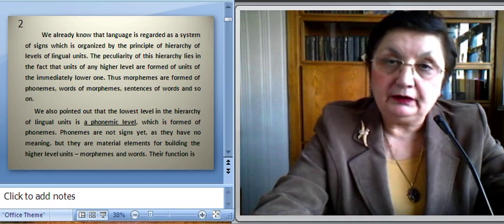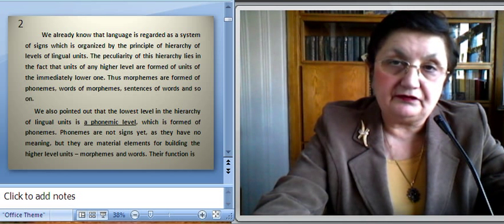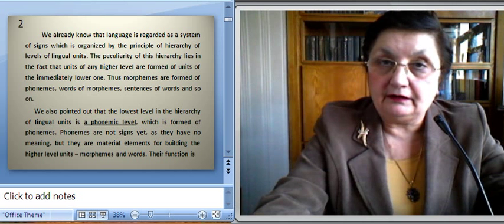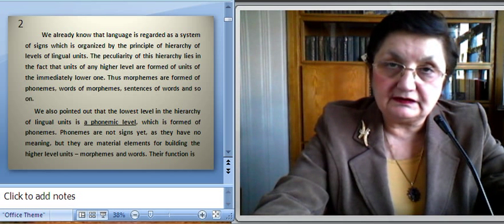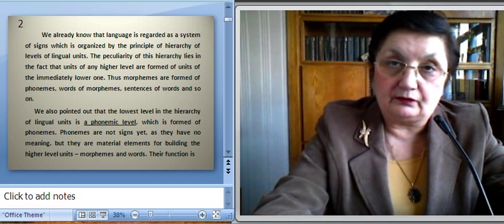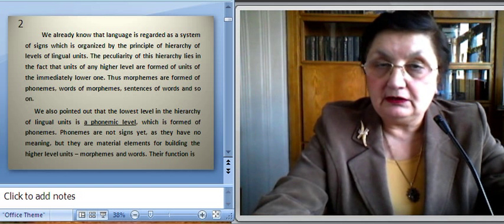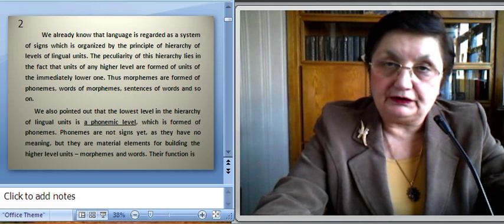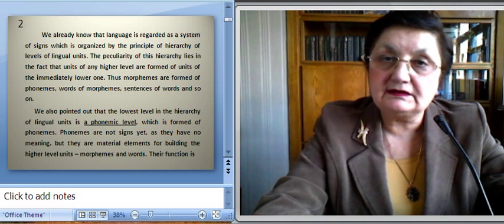The peculiarity of this hierarchy lies in the fact that units of any higher level are formed of units of the immediately lower one. Thus, morphemes are formed of phonemes, words of morphemes, sentences of words, and so on.